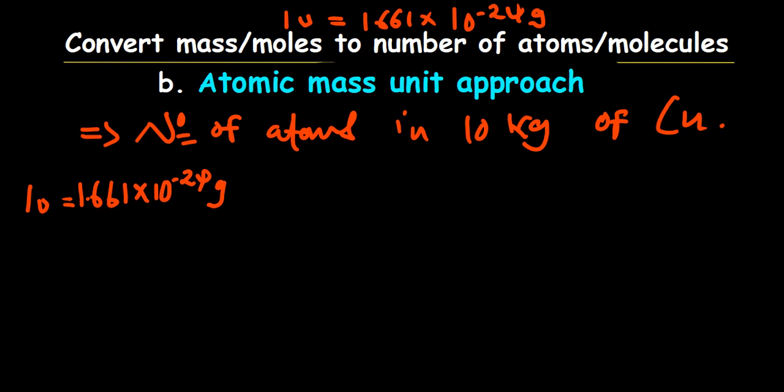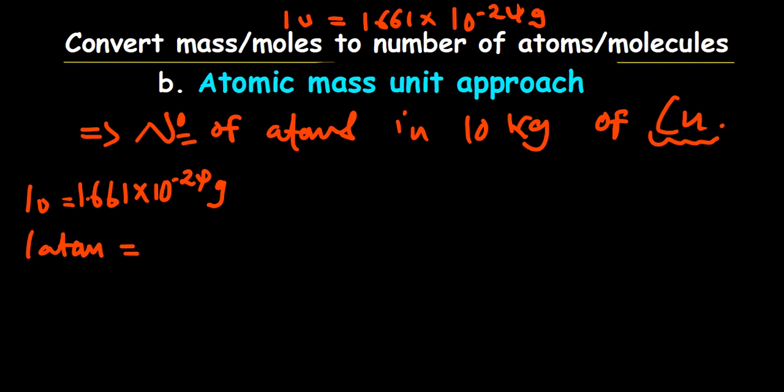And then the other one, since we are dealing with copper, we know that one atom of copper has, what is the molar mass of copper? The molar mass of copper from the previous question, we said it was just 63.55, right?